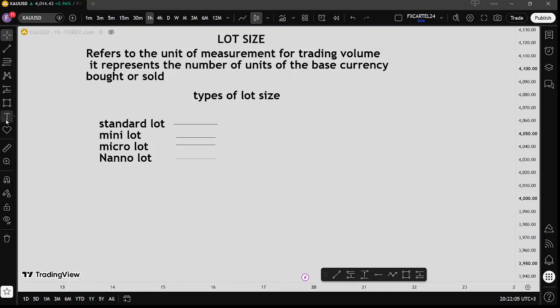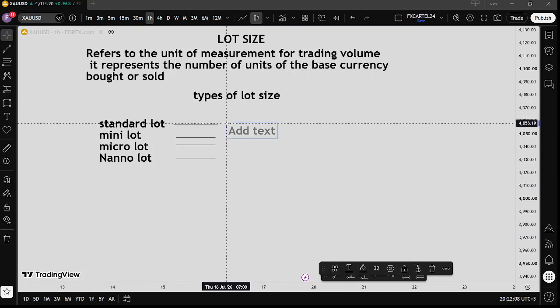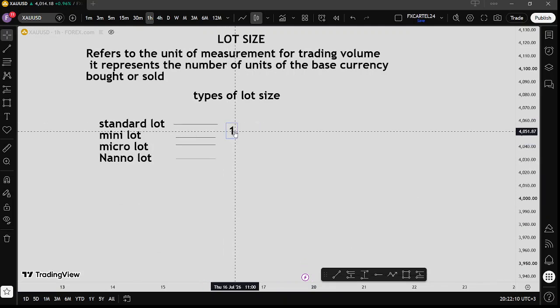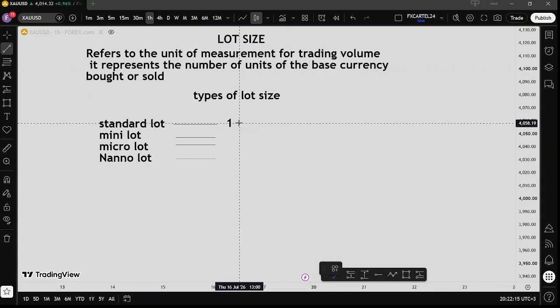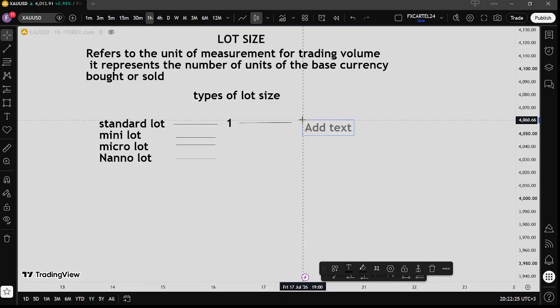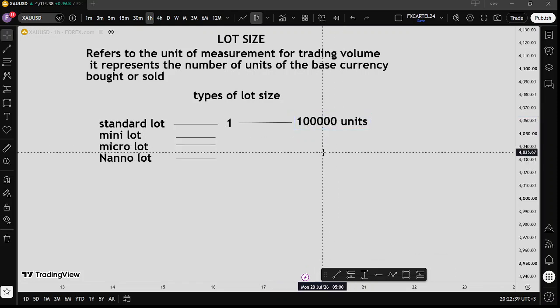For example, if you put in just one, this is a standard lot. And how many units does it carry? It carries, sorry, not 1,000, but 100,000 units. Okay, this is a standard lot.